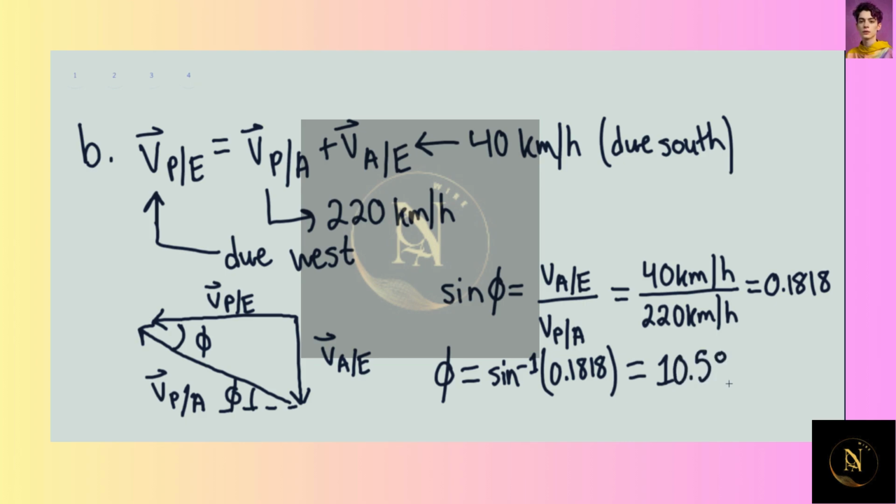So the pilot should set her course 10.5 degrees above the negative x-axis. If you wanted to use north and south directions, we can say 10.5 degrees north of west. Either answer is correct.